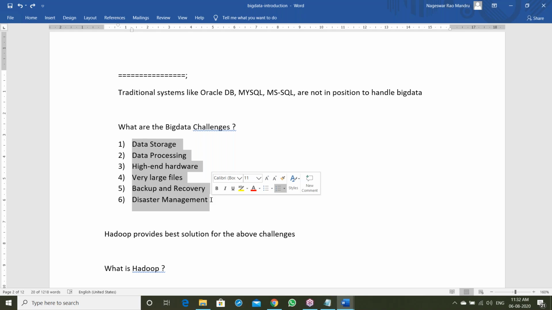Once the cluster reaches 90% used space, it will raise an alert automatically to the admin. Now the admin has to add new nodes. Suppose any node fails, then the name node looks for another node which has the same amount of free space.